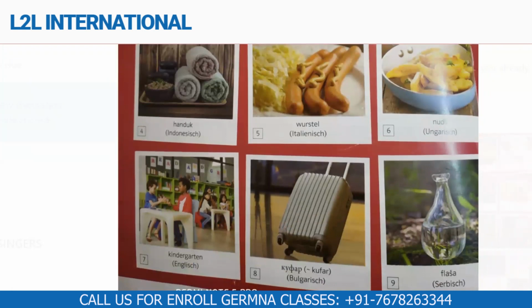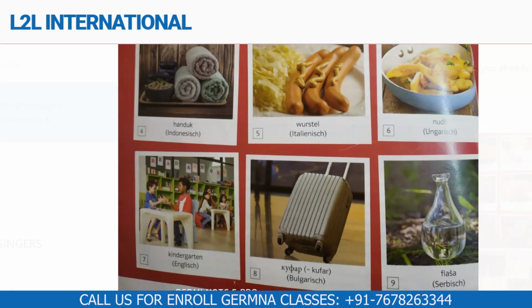We have the same word in English as well, which has been taken from German. Yeah. Then number 8. Suitcase. Okay, suitcase. And number 9. Flask. Okay, it's a bottle or flask, maybe.